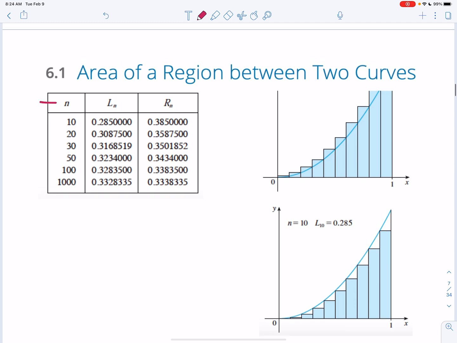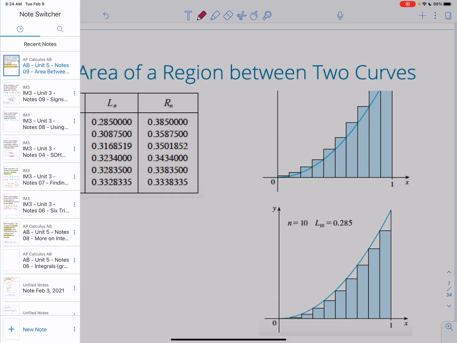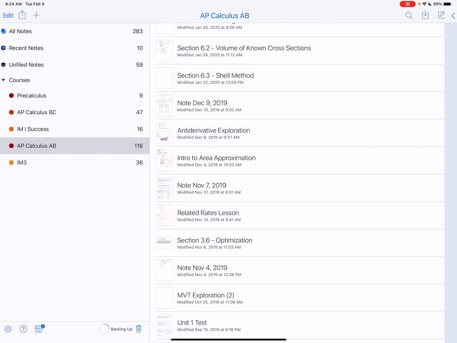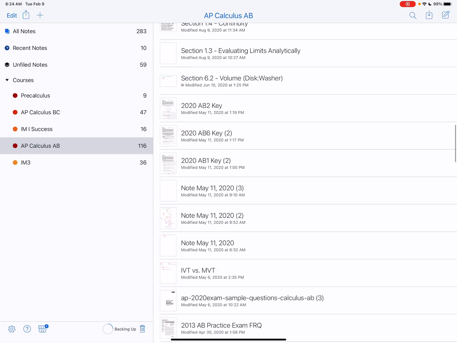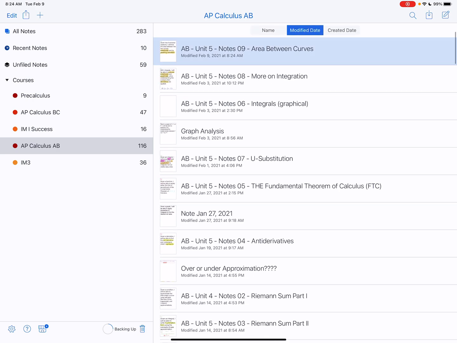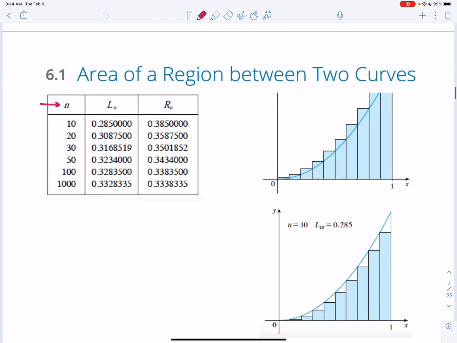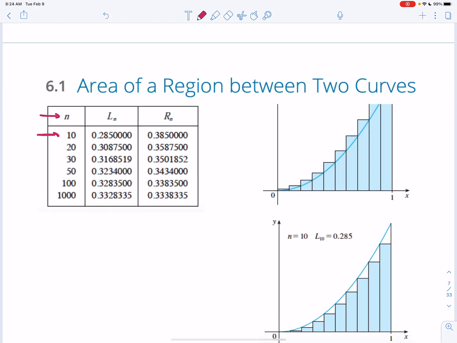N represents the number of rectangles. And notice how when I increase the number of rectangles all the way to 1,000, the left Riemann sum eventually plateaus at about 0.333.